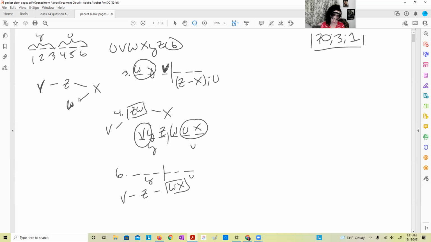So obviously W and X couldn't be over here. It couldn't be in the first. It couldn't be on 3 and 4. Could W and X be on 4 and 5? Sure. We could put W and X on 4 and 5, put U over here, and then we would just have V and Z with V before Z, and then Y.